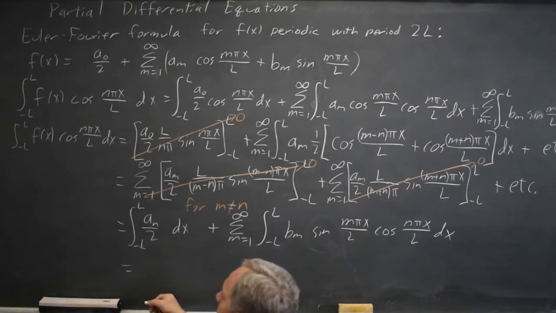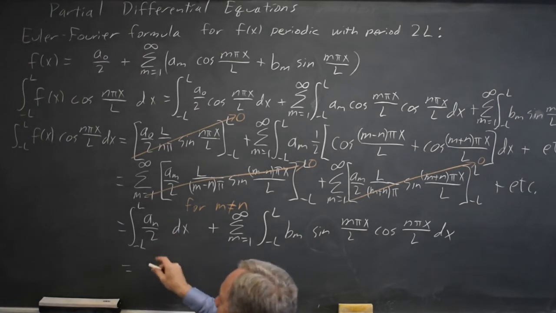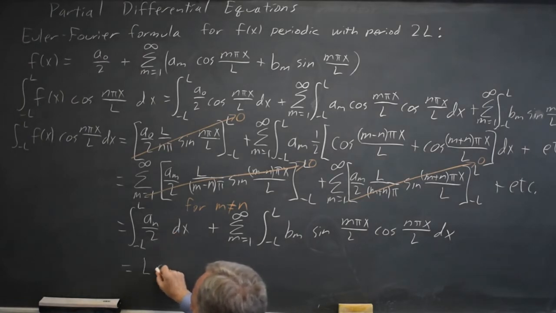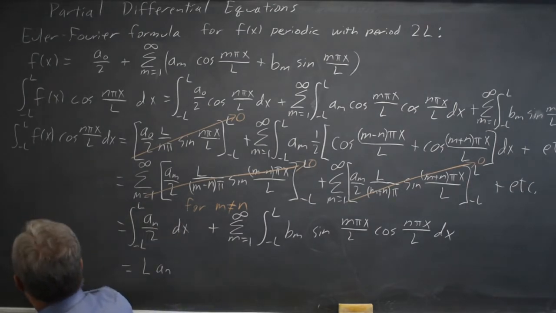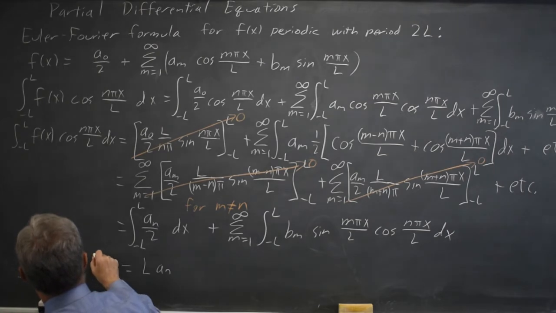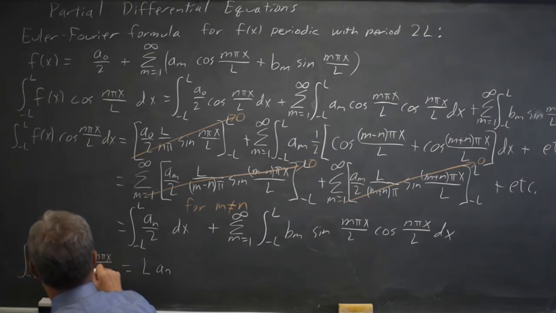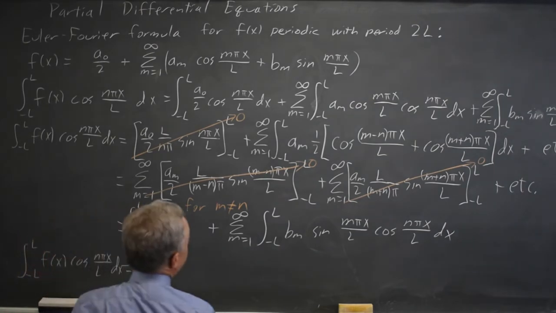So this is the base times the height, the area of a rectangle. 2L times an over 2 is L times a sub n. On the left is the integral from negative L to L of f of x cosine n pi x over L dx.